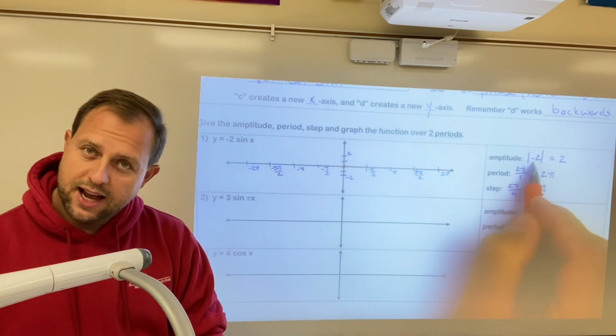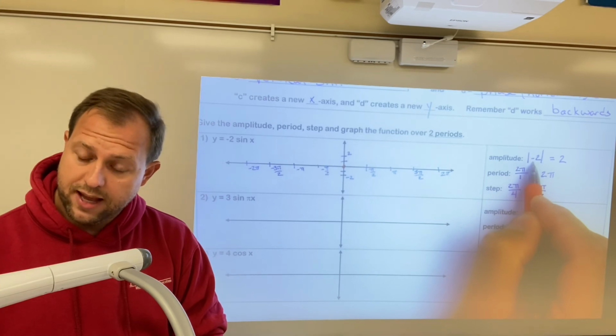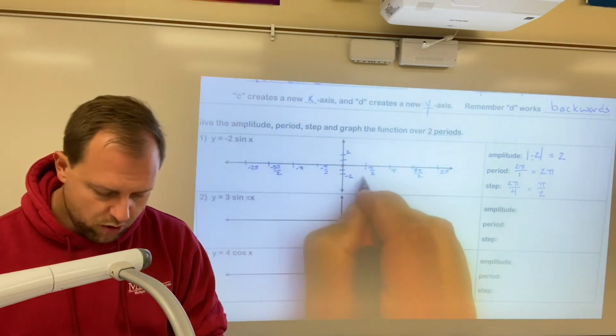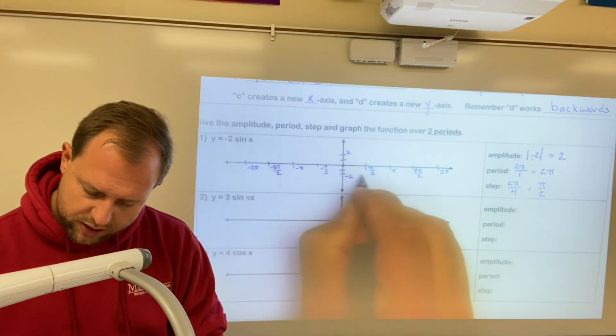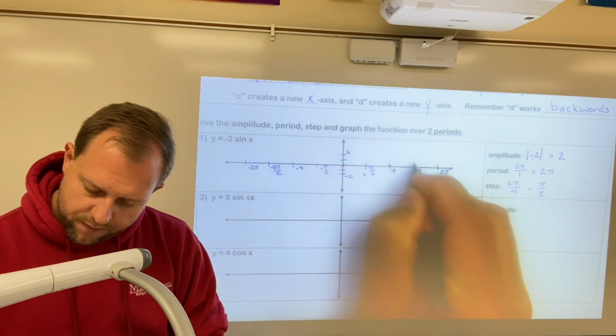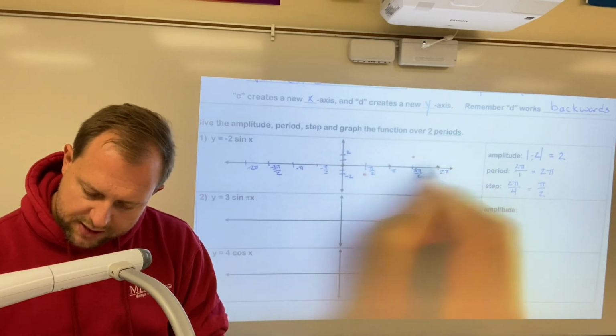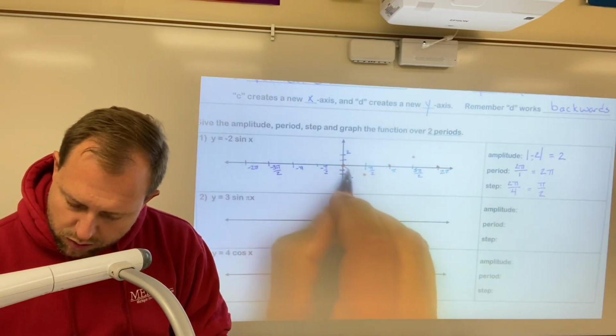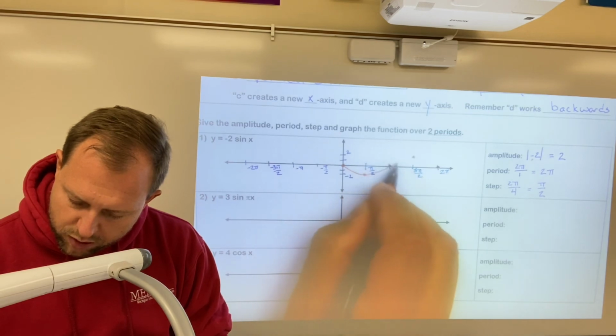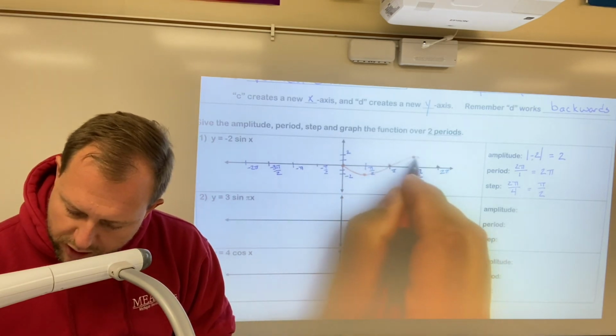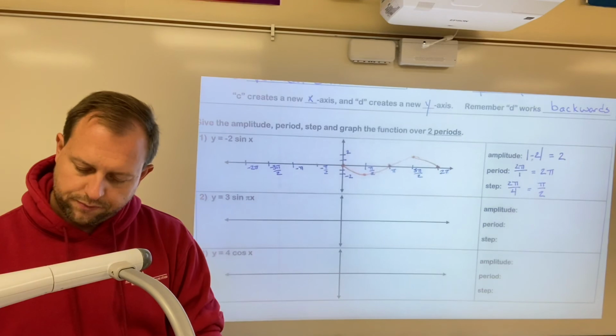The sign on A tells me that. It's negative, which means we're going down to the bottom, down to -2, then back to the center, up to +2, back to the center. So curve down, curve around up, and curve back to the center.